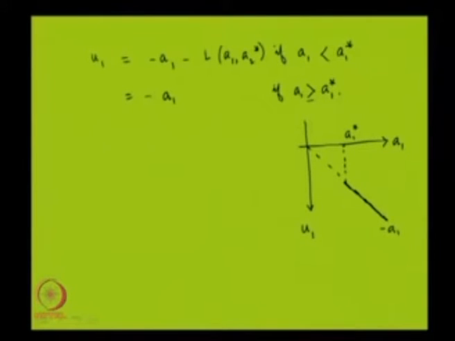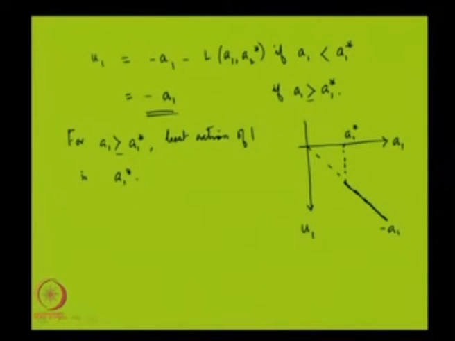The best action obviously will be to maximize minus A1, which means that he will choose just A1 star. And this is also true for A1 equal to A1 star, because in that case also this is operative.